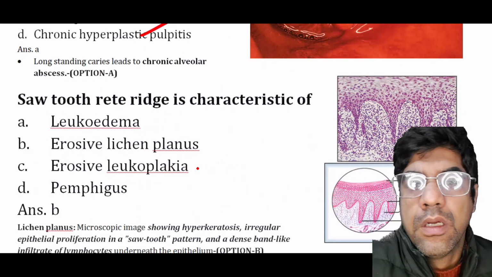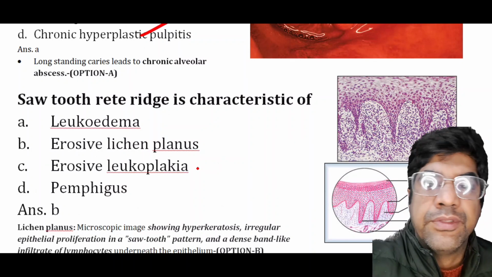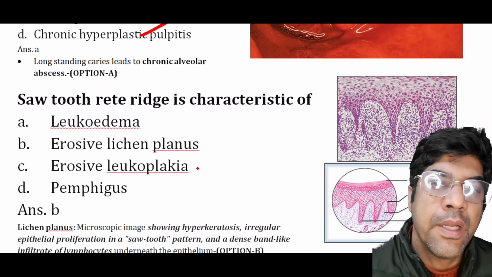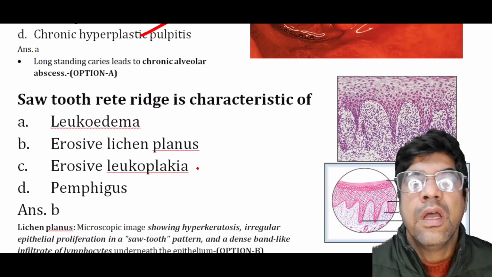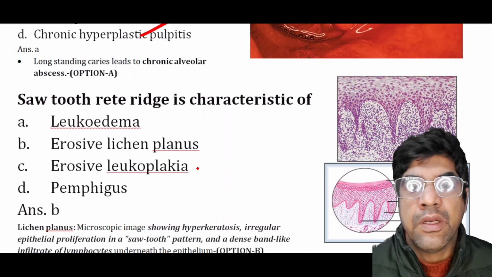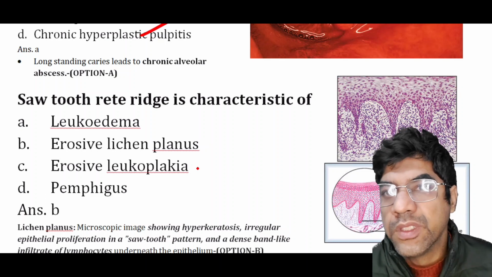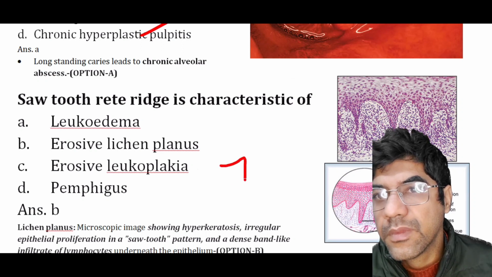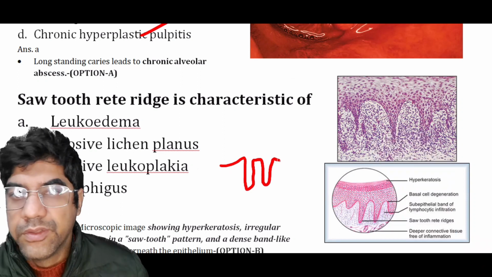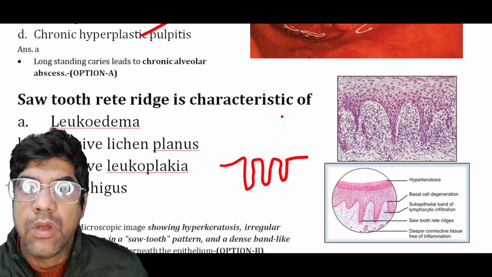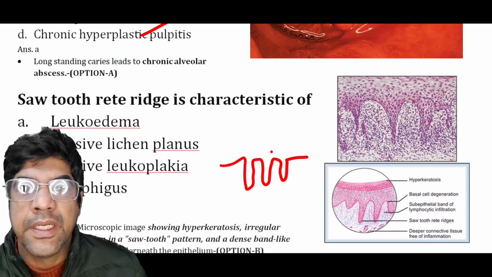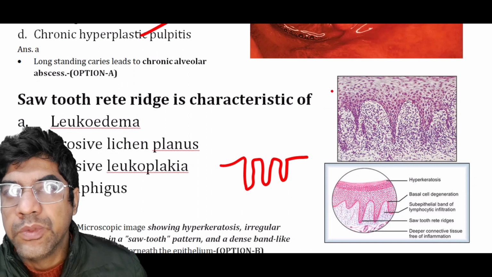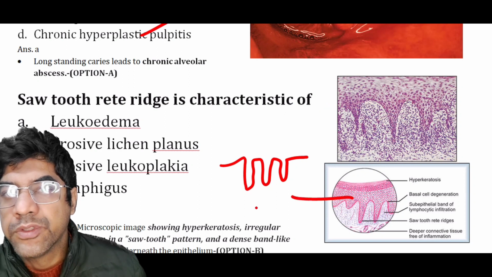Coming to the next one, the sawtooth rete ridges. The answer is erosive lichen planus. The sawtooth rete ridges refer to the histopathological pattern that is seen in certain mucocutaneous disorders, particularly in the epithelial tissue that is examined under the microscope.